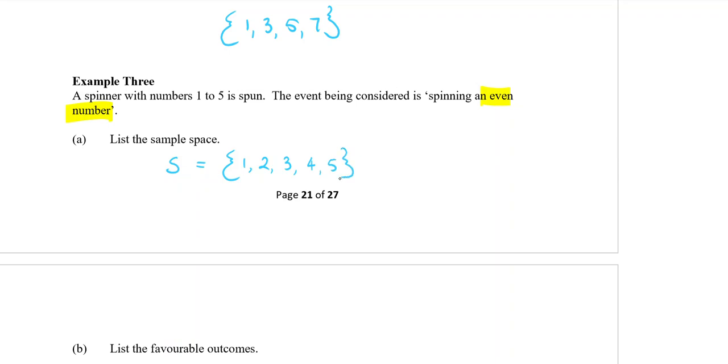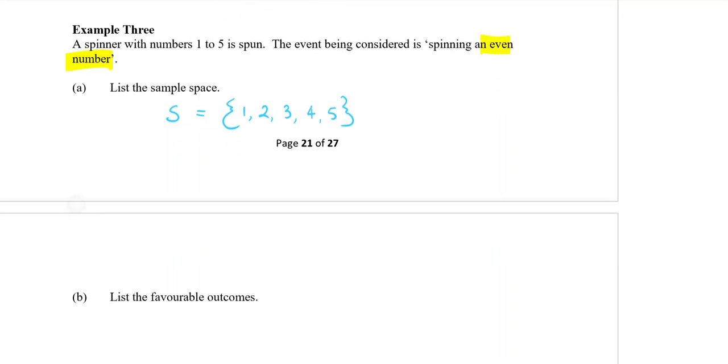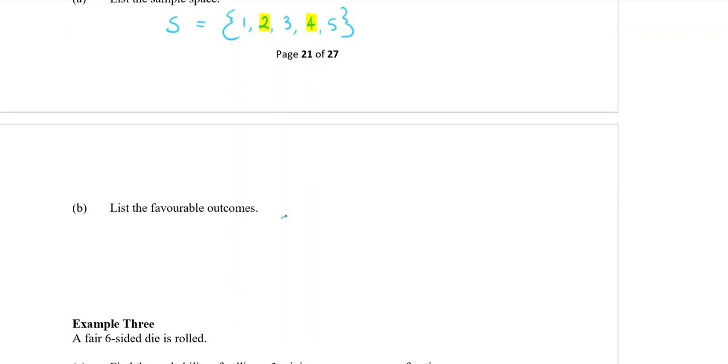That's the whole sample space. In part B, on the next page, says list the favourable outcomes, which will be the even numbers. There's only 2 and 4 that are even. So we open our squiggly brackets and we have a 2, 4, close squiggly brackets.